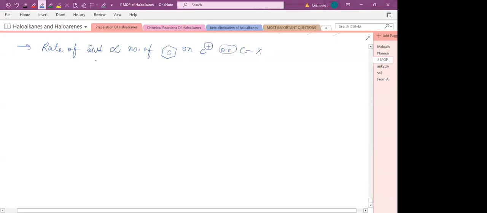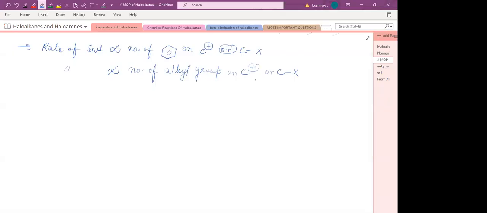So basically, the rate of SN1 reaction is directly proportional to the number of benzene rings on the carbocation or C-X bond, right? Or the rate of SN1 reaction is also directly proportional to the number of alkyl groups on C plus or C-X. The more the number of alkyl groups, the faster will be the rate of reaction, right? So just remember this sequence.